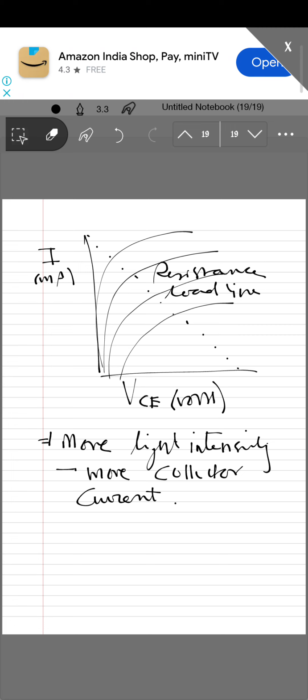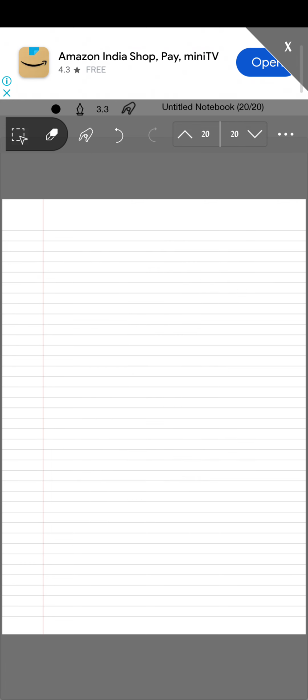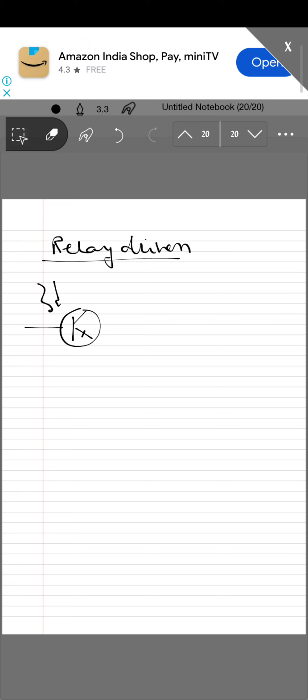You can also make a relay driven circuit through a phototransistor, with which we can switch a device off and on. Again you have the phototransistor placed here, which is sensitive to light, so it generates some sort of current.